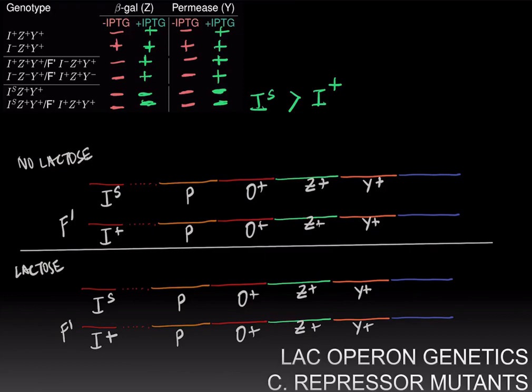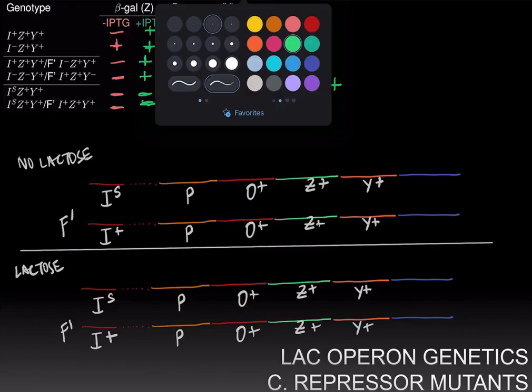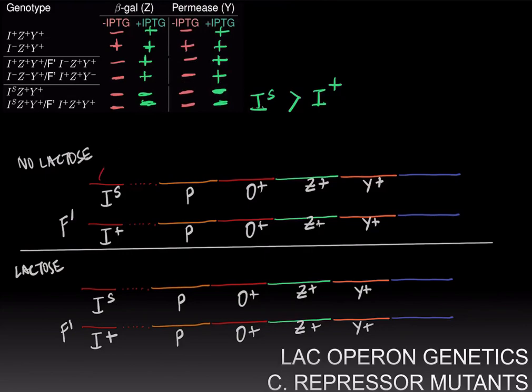And let's have a quick look at how that might work mechanistically. So IS will make a mutant repressor protein, and I plus will make a normal repressor protein, and either of these can bind the operator when no lactose is present.